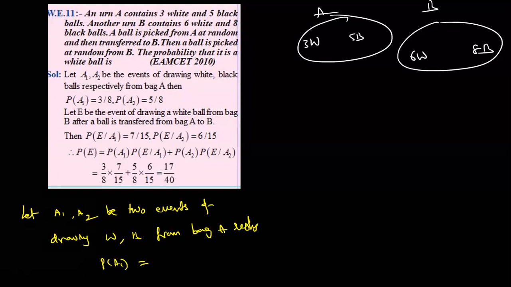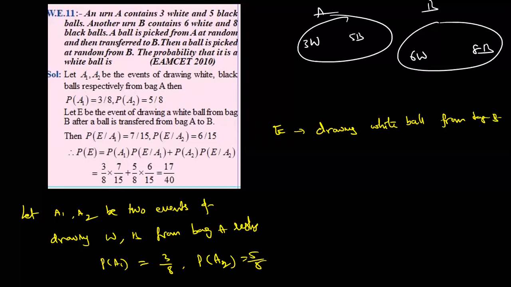A1 is drawing a white ball from bag A. Anyone? 3 by 8. Drawing a black ball from the first bag, 5 by 8. Now choosing E, the event E represents drawing a white ball from bag B.